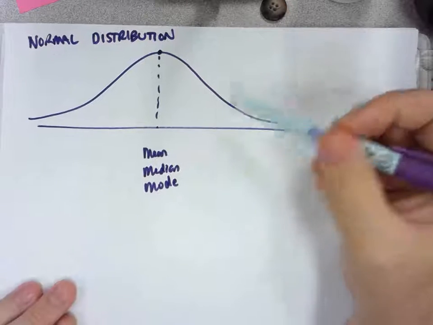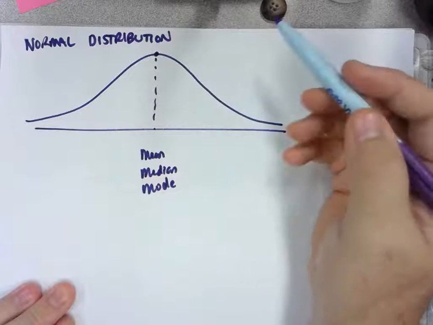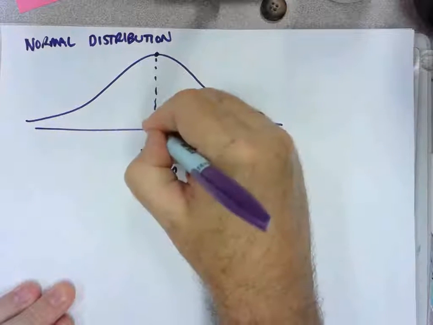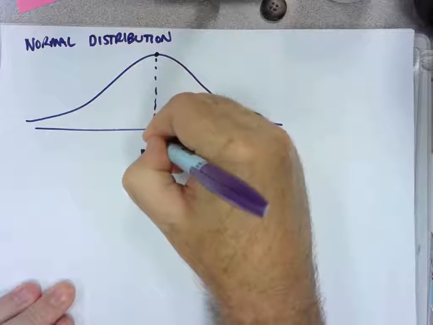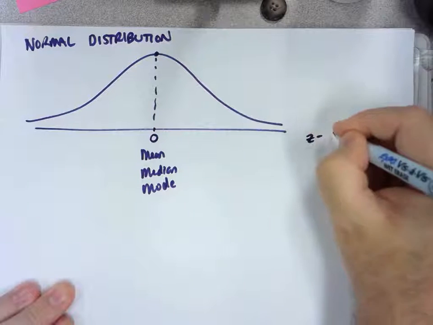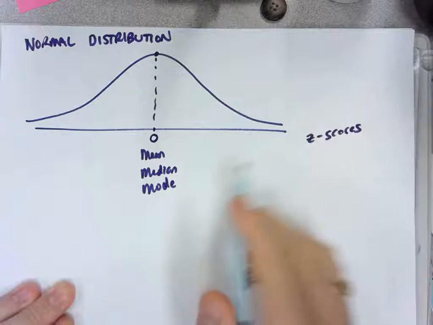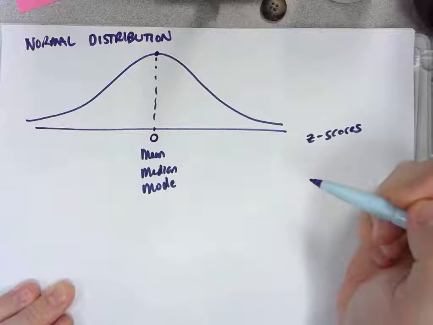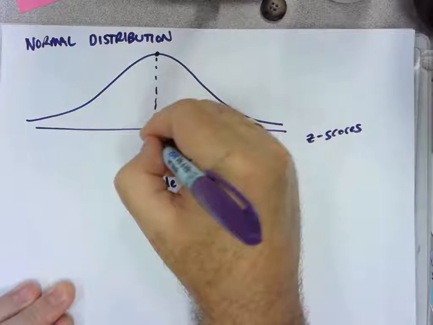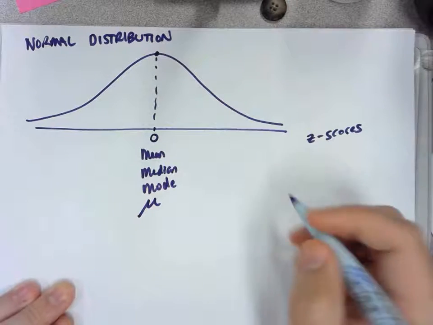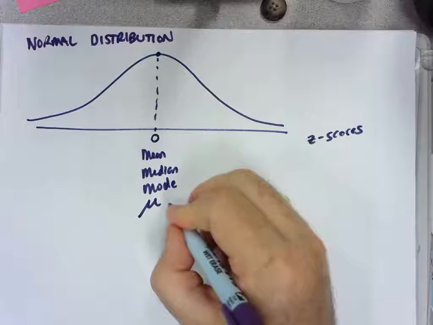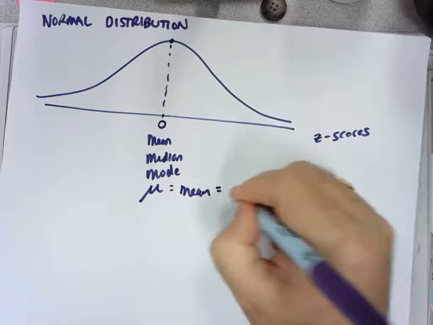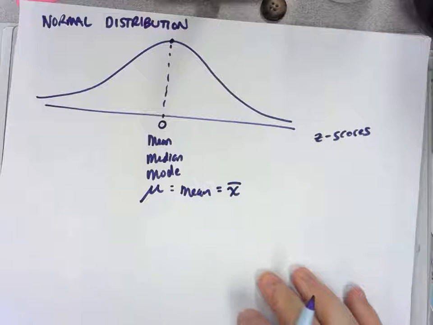Now guys, there's a breakdown. Typically, on a normal distribution, if you're looking at z-scores, z-scores is your standard deviation. And your mean is typically represented with a mu, but for us on the calculator, it's x bar.